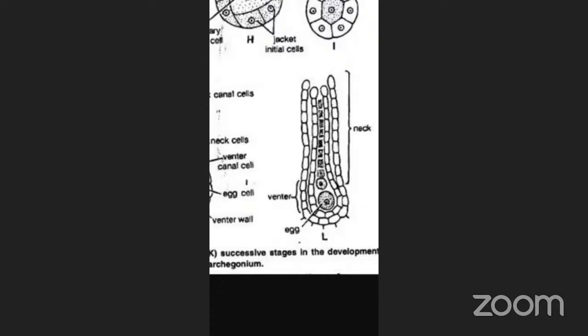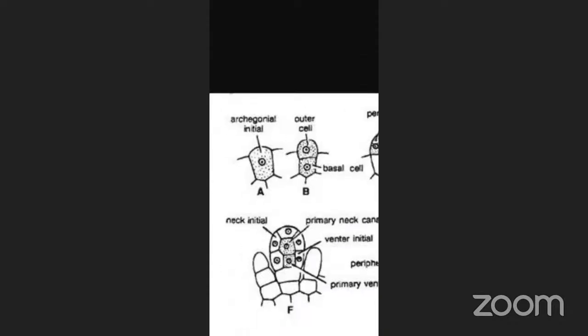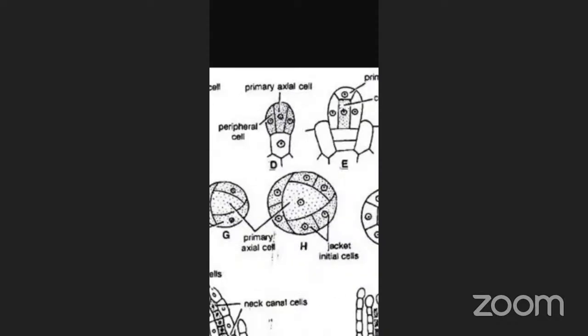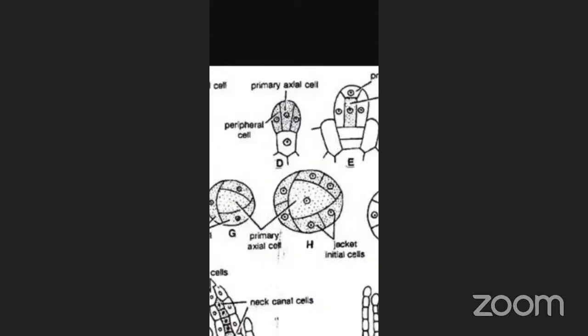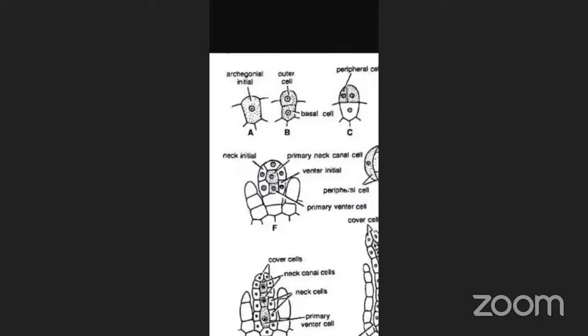The archegonial initial develops, and it divides into two cells, the outer cell and the basal cell. The outer cell again divides peripherally, with a number of divisions, to form a covering layer, the neck initial and primary venter cells.